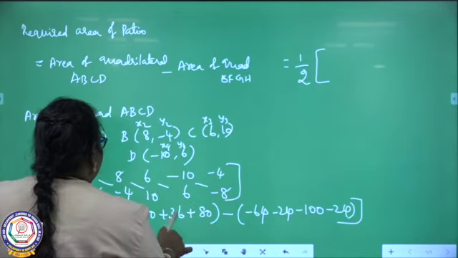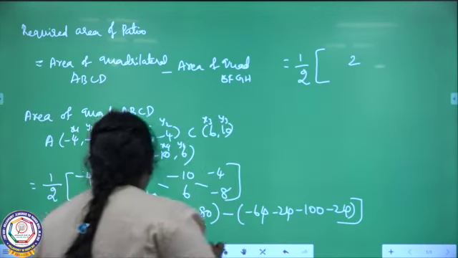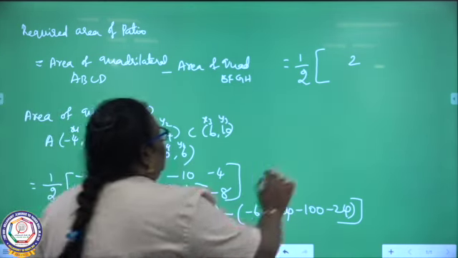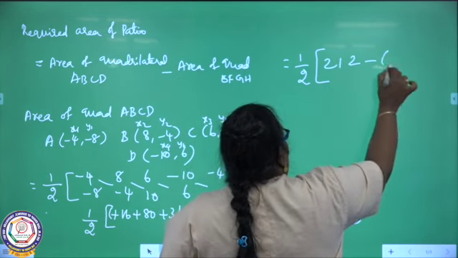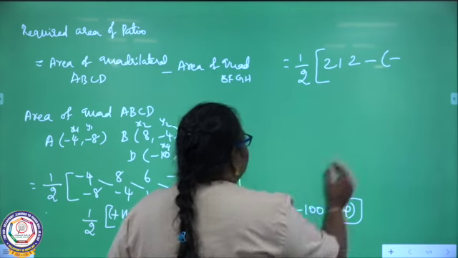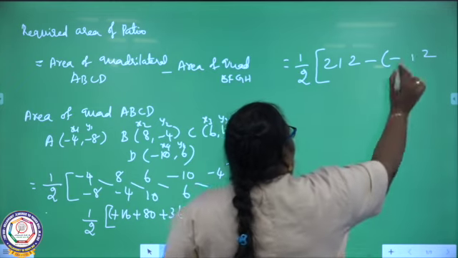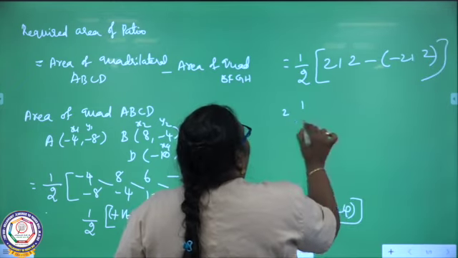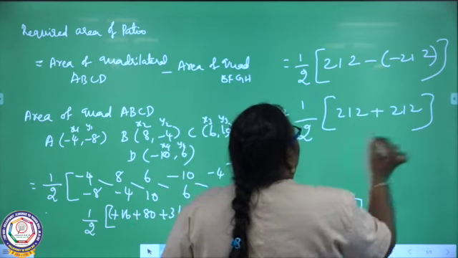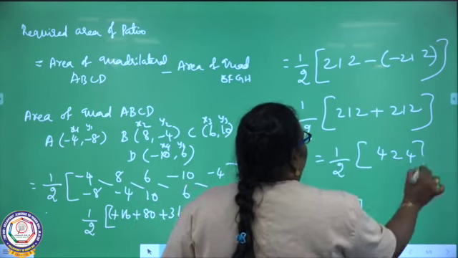So you add the values: 16 plus 80 plus 36 plus 80 is 212, and minus 64, minus 24, minus 100, minus 24 is minus 212. 1 by 2 into 212 minus minus 212, minus into minus plus. So it gives 1 by 2 into 424.